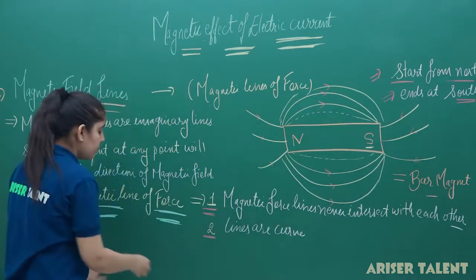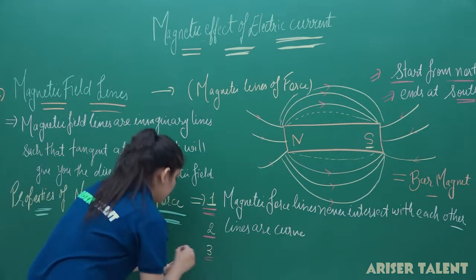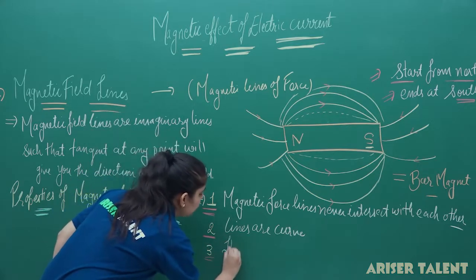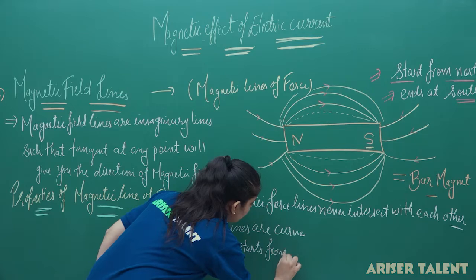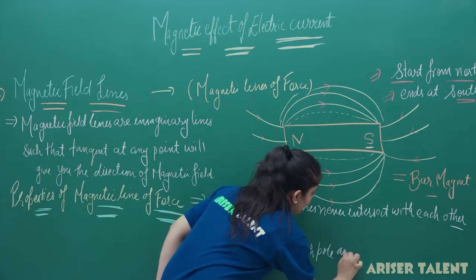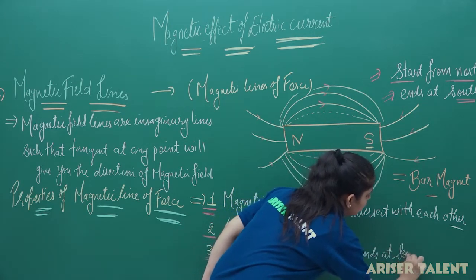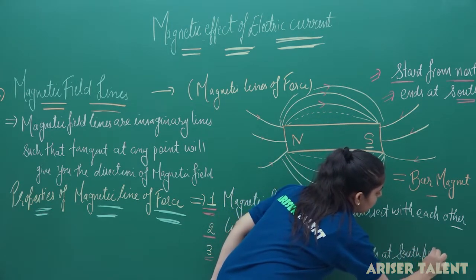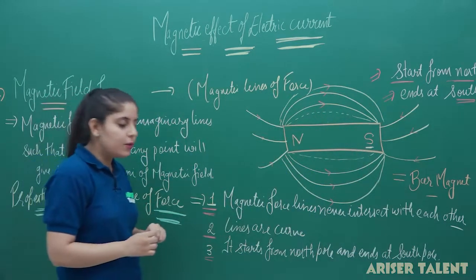So the third property is similar: it starts from the north pole and ends at the south pole. So this is the third property we have regarding the magnetic lines of force.